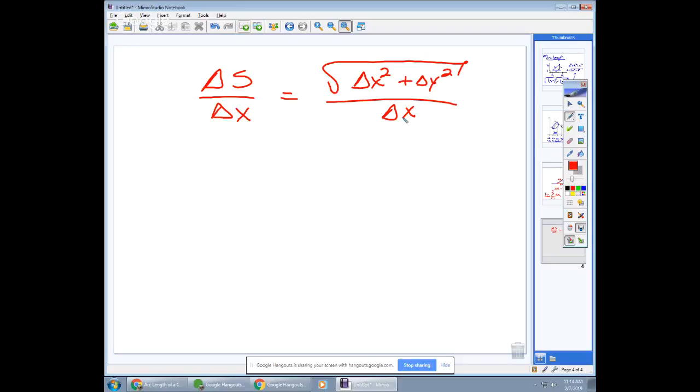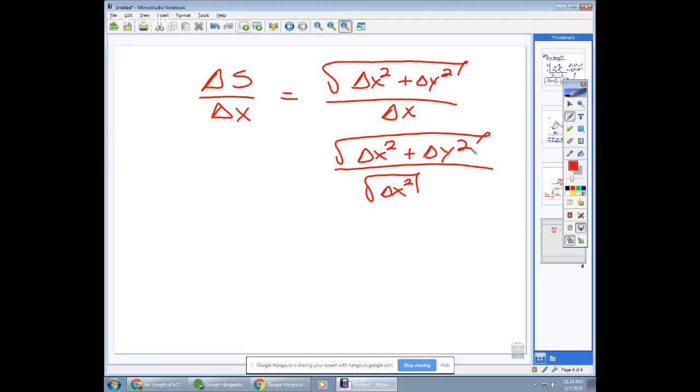And it turns out that right side cleans up dramatically, because I can rewrite delta x as the square root of delta x squared, because then the square and a root cancel each other. So that's that same denominator there. And so now I have a square root divided by a square root, and square roots work nicely with division.